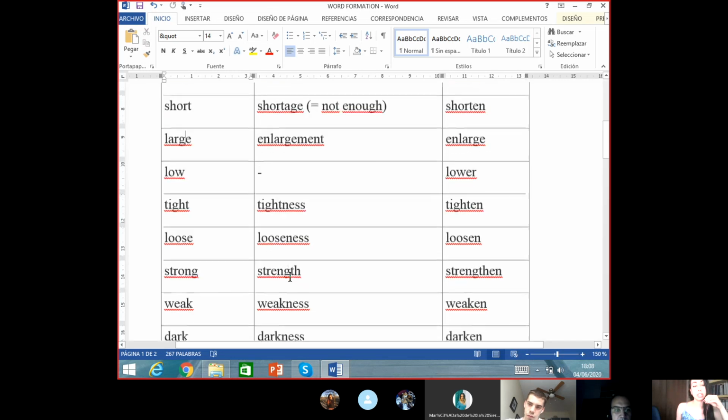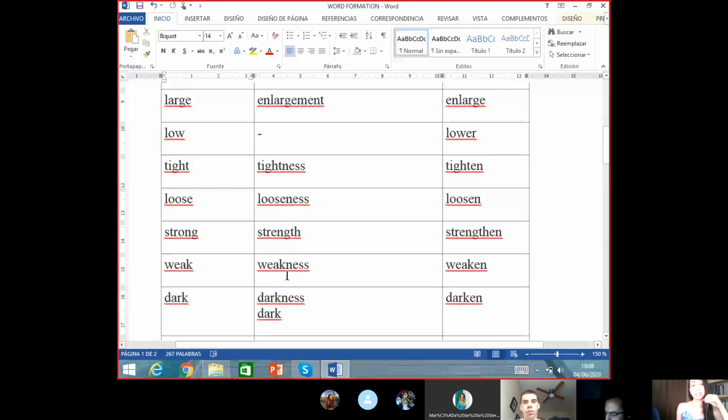Large is a false friend, guys, and large is not largo, it is like wide, so ancho, in the sense of amplio. Enlargement, you're going to use this word a lot. Enlargement, enlarge, ampliar.